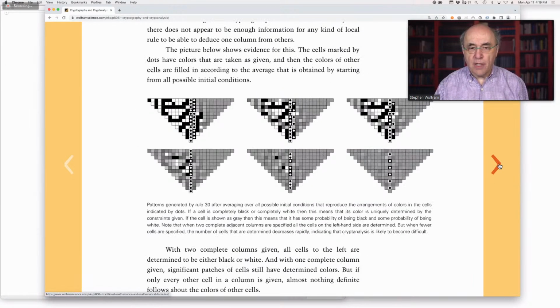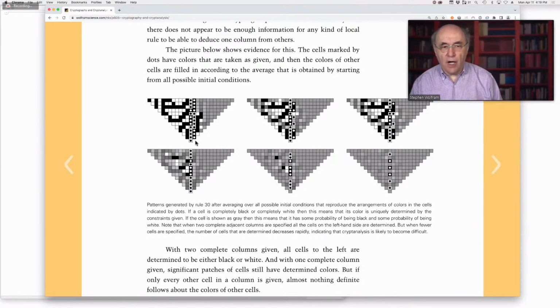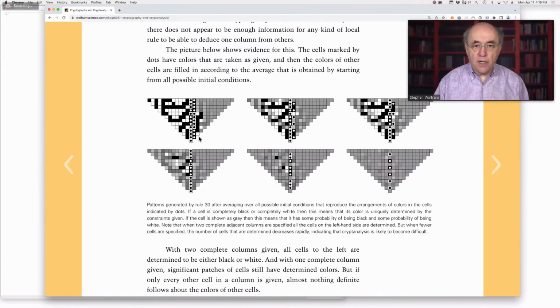But if you try to go, I may be getting this the wrong way around. The question here is, if you're given the center column, to what extent can you determine what the left-hand side actually was? And what this is showing is that you can get some information just by knowing the center column, but you can't deduce it all.